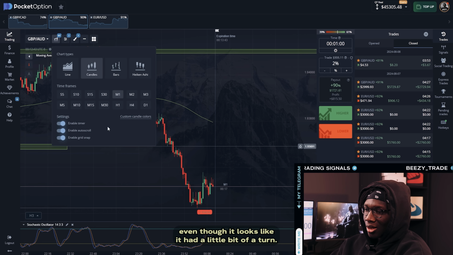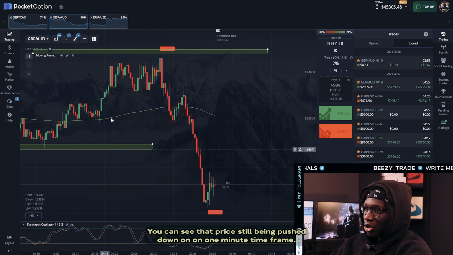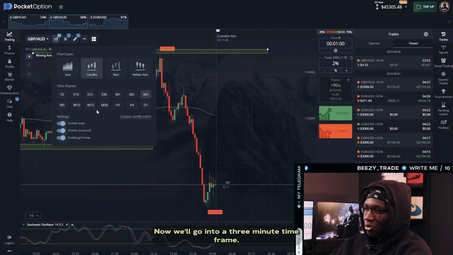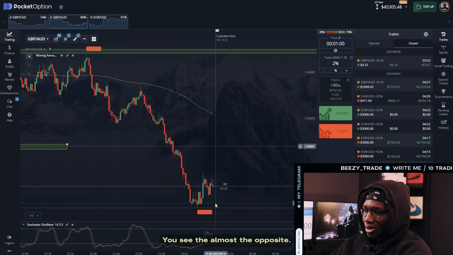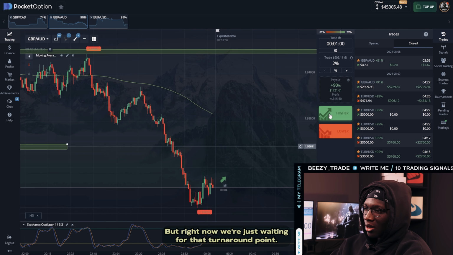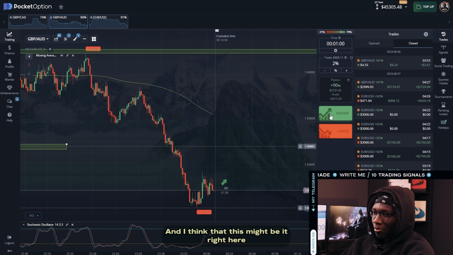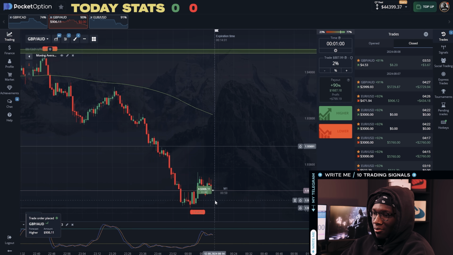Even though it looks like it had a little bit of a turn, you can see that price is still being pushed down on our 1-minute time frame. Now if we go to a 3-minute time frame, you can see almost the opposite. But right now we're just waiting for that turnaround point.